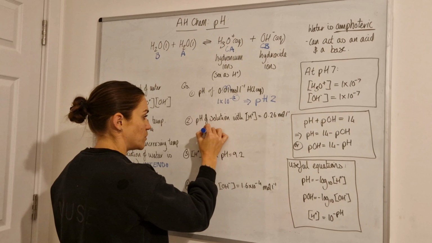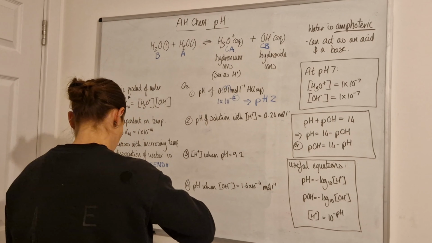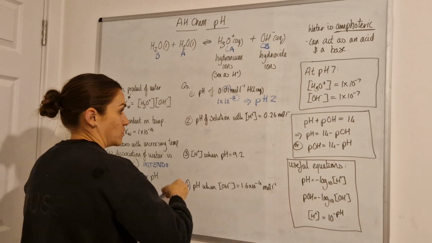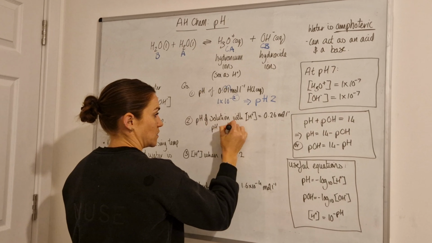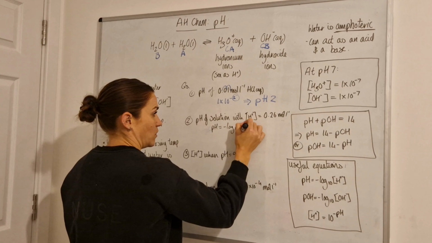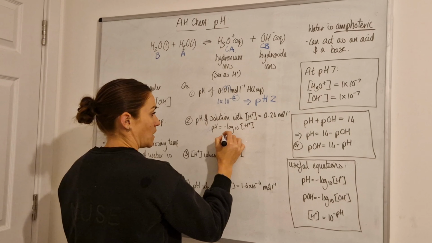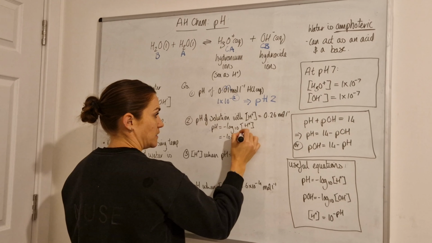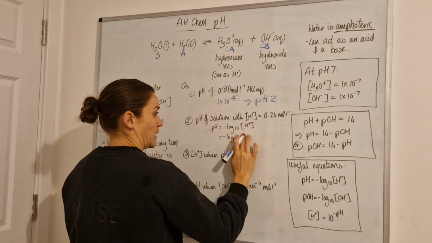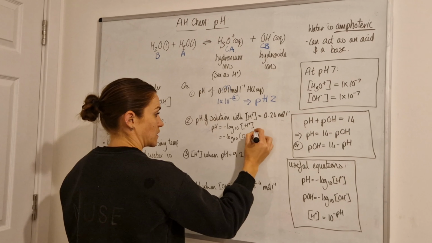So we use the equation, my pen's not very good, sorry. The equation we use is pH equals minus log to the base 10 of the hydrogen ion concentration. So when we plug in the number, we get minus log to the base 10 times 0.26.